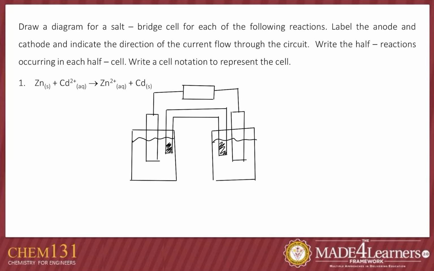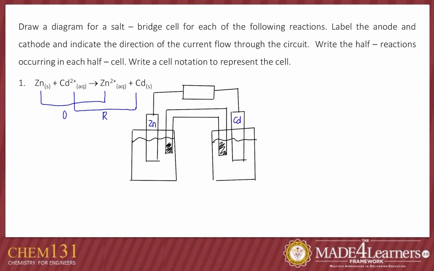Okay, so for the anode, what happened to zinc? Its oxidation number increased, meaning that's oxidation, and for cadmium, the oxidation number decreased, meaning that's reduction. So our anode is the zinc and our cathode is the cadmium.